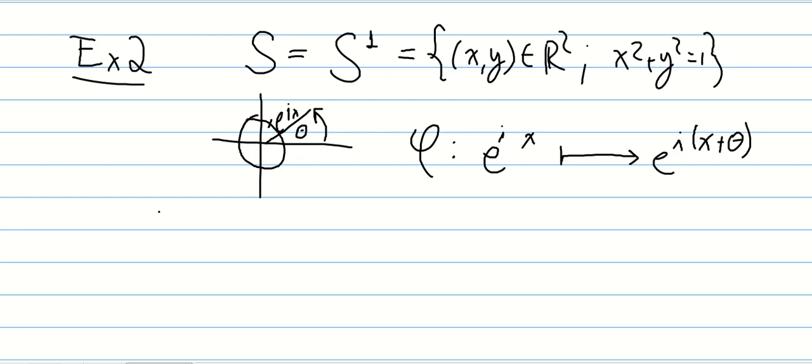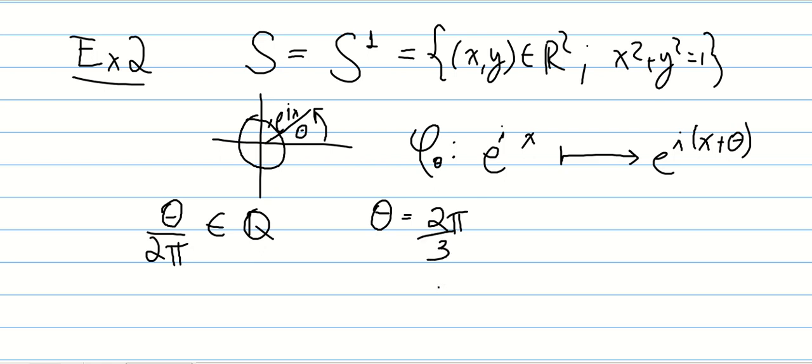And in example 2, we're going to suppose that theta over 2 pi is rational. Okay, so for example, theta could be 2 pi over 3, and if you divide it by 2 pi, it's 1/3, it's rational.